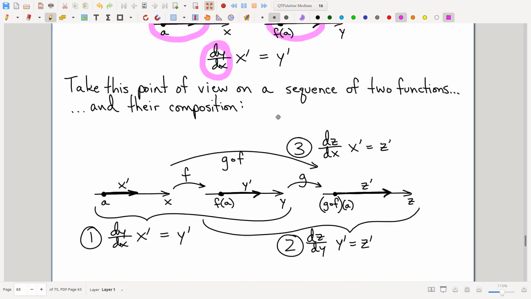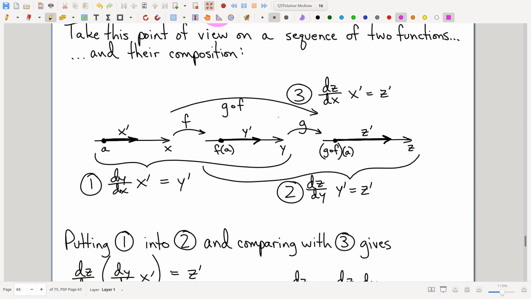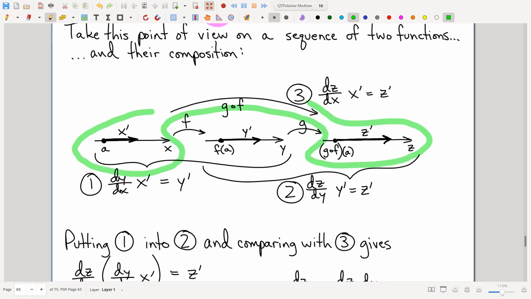Now, with that point of view, here's what happens when you compose two functions. Here's a single variable function: y is a function of x. Here's a single variable function: z is a function of y. And when I compose them, I get a single variable function where z is a function of x.